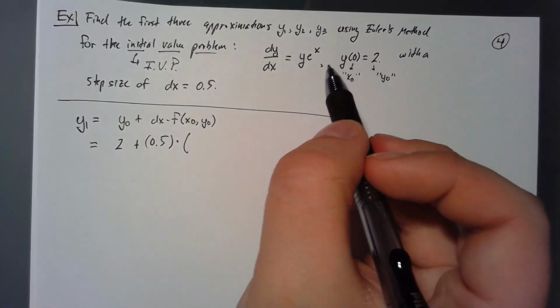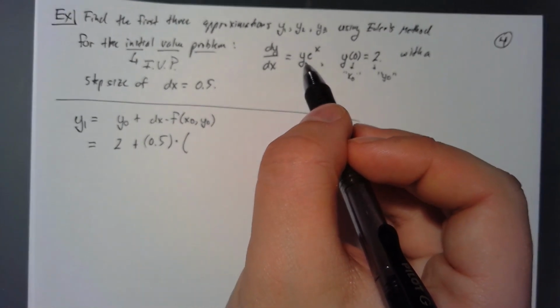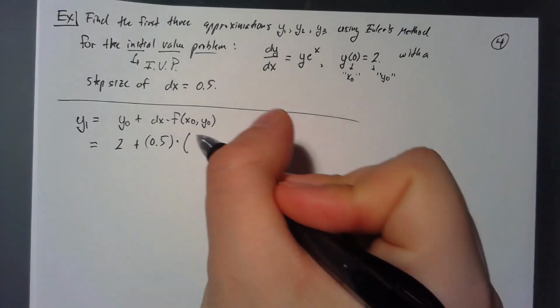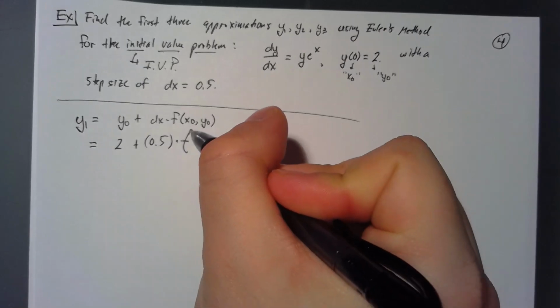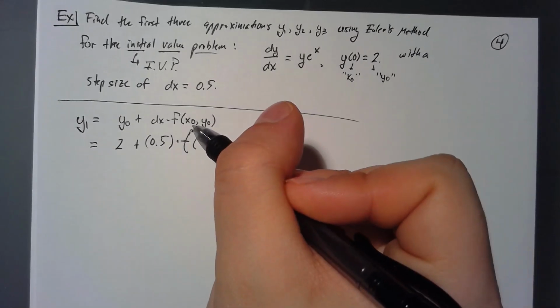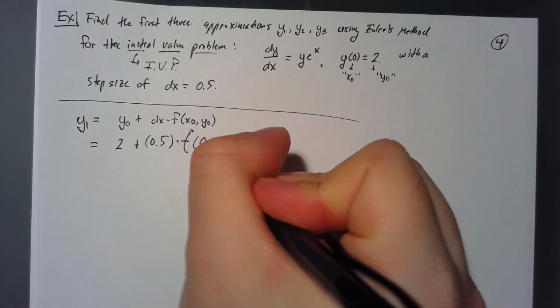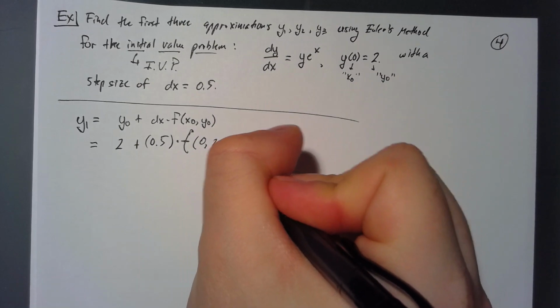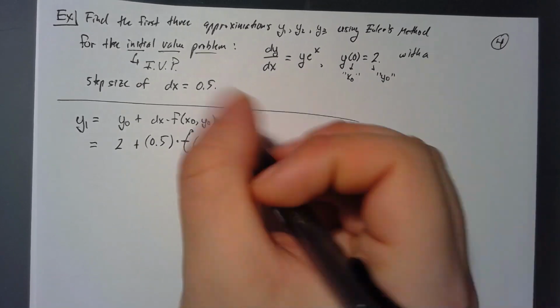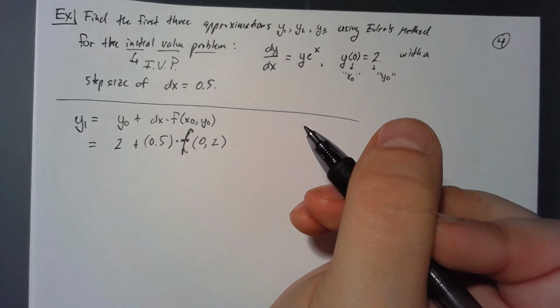So this is going to be my function evaluated at... Let me use function notation here. This is f. Evaluated at what? What is x of 0? It's 0, comma, 2. Alright, I know this is a weird looking f, but let's just write it out that way first.